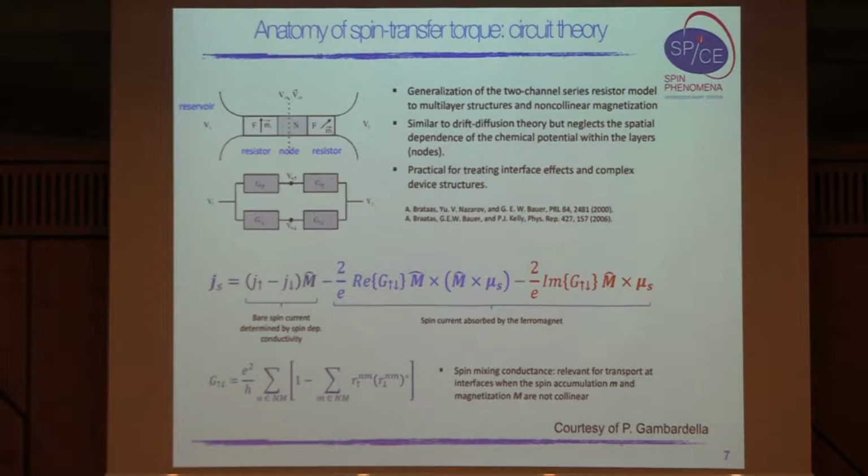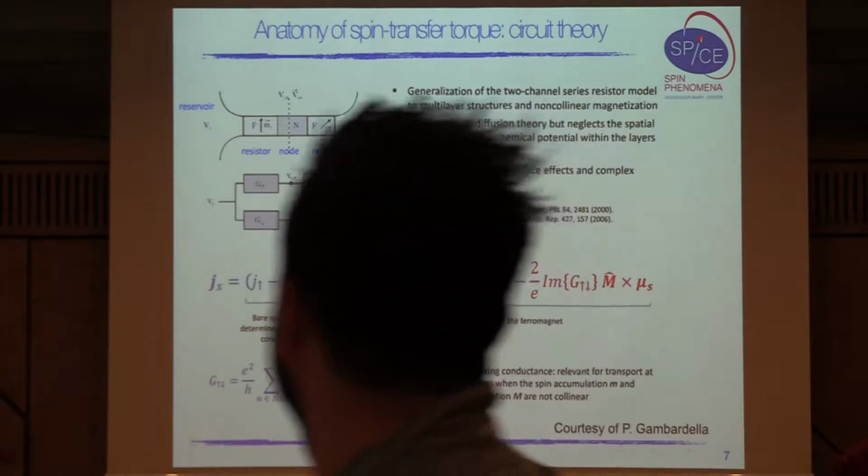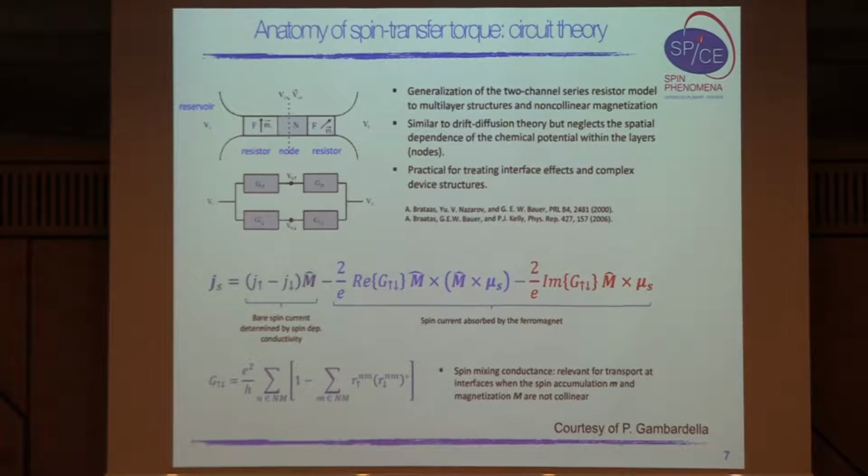Without the presence of spin-orbit coupling, this is calculated, by the way, and in this case it's well defined, and it defines the ratio between the damping and the field-like component. The real part describes the damping-like torque part, and the imaginary part, the field-like component. And those things you can calculate directly by ab initio or other means.